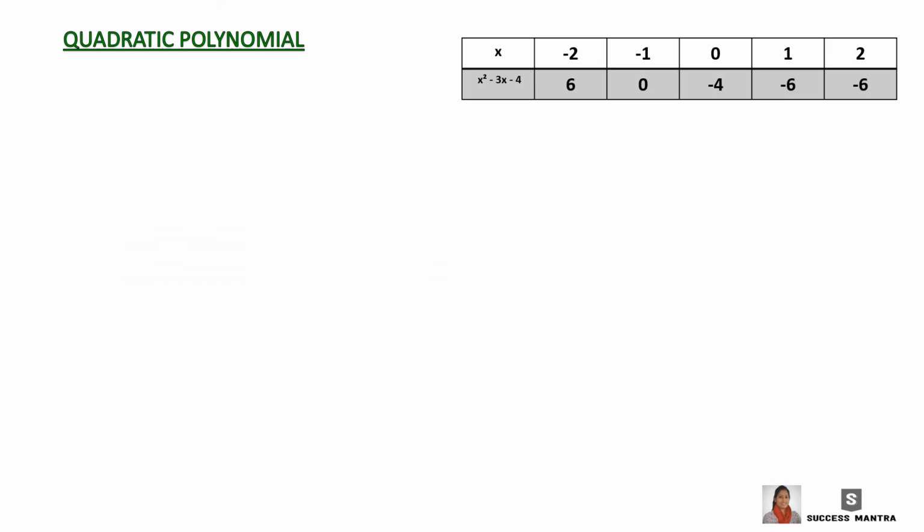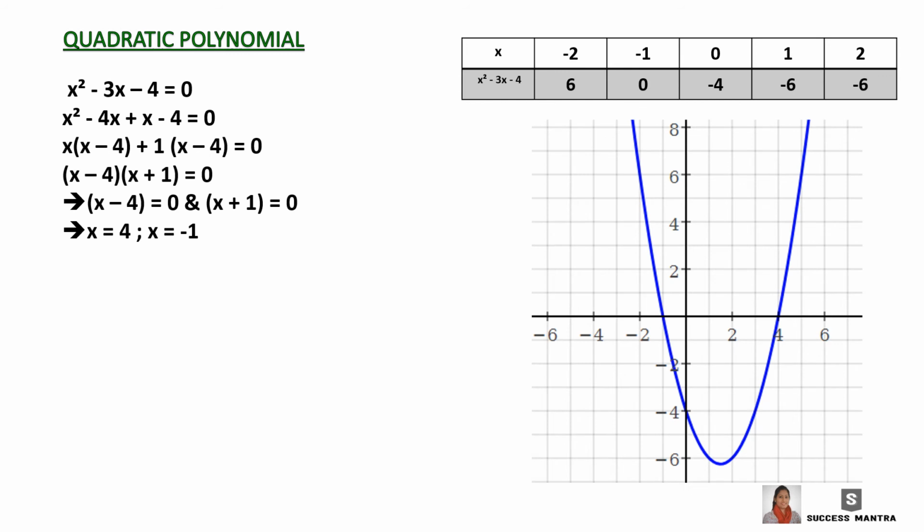Now to find the zeros of this quadratic polynomial, we know that we will equate the given expression to 0. So we will write x square minus 3x minus 4 is equal to 0. This minus 3x we can write as minus 4x plus x. You have learned in class 9 how to factorize a polynomial. So we can write it as x square minus 4x plus x minus 4.